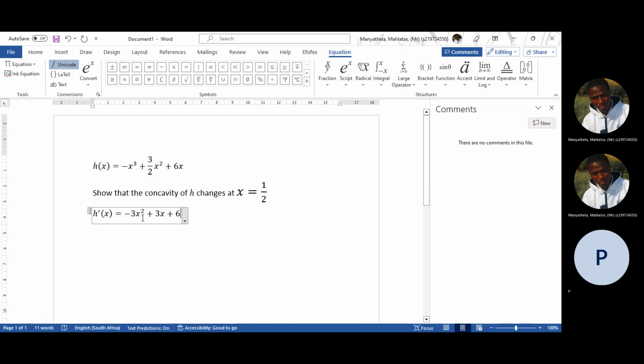That's the first step. So the second step, we're going to derive this one, the derivative.